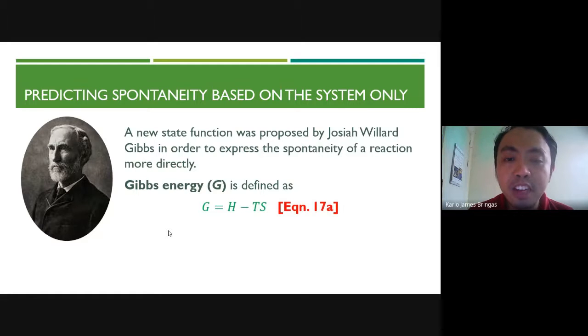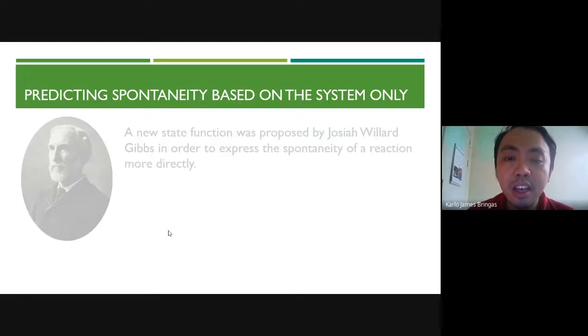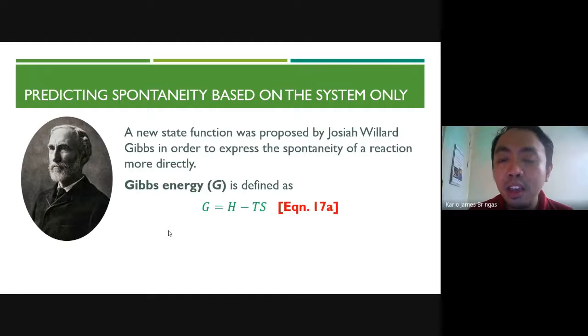So the Gibbs energy, capital G, is defined as in equation 17a. So that's the enthalpy minus the absolute temperature T times the entropy. The absolute temperature T is the temperature in Kelvin.